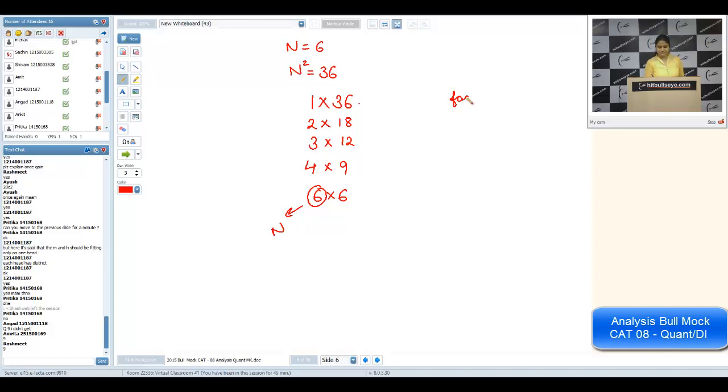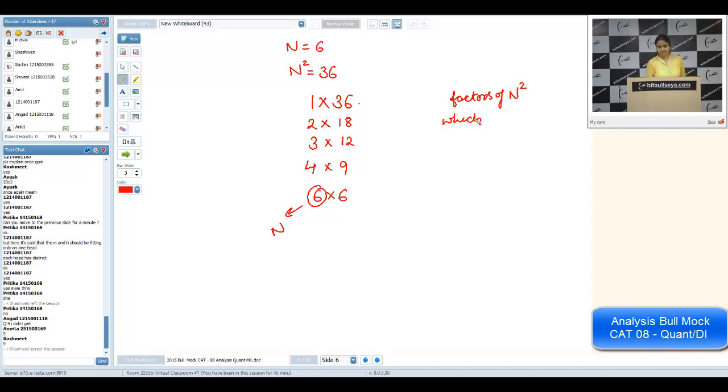Factors of n square which are less than n. Are you getting me? So it will be 4 in this case. 4 numbers.